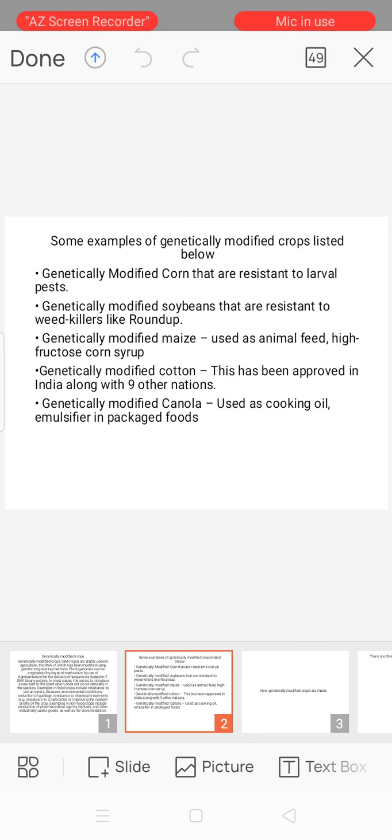And some examples of genetically modified crops are listed below.